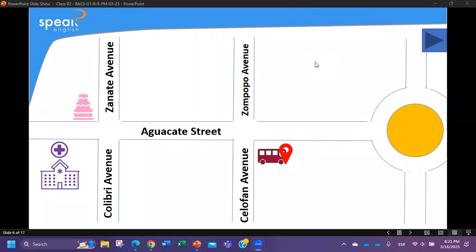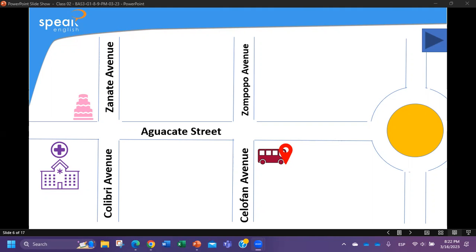Any idea? Go straight 2 blocks. Okay, it depends, right? Where it is, where you come out, because it can be... turn right. Then go straight 2 blocks.